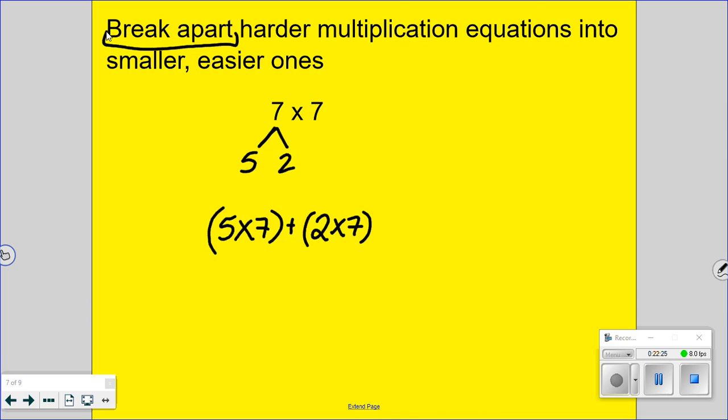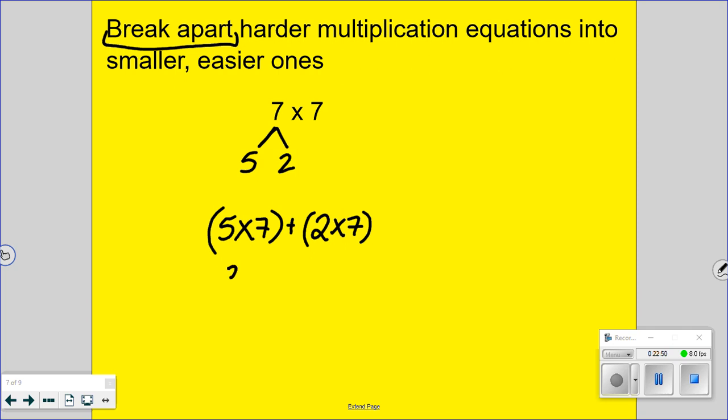So far, so far? Let's solve the first mini equation. 5 times 7. If you're not sure, start some skip counting because I know you can. All right, what you got? 35. Love it.